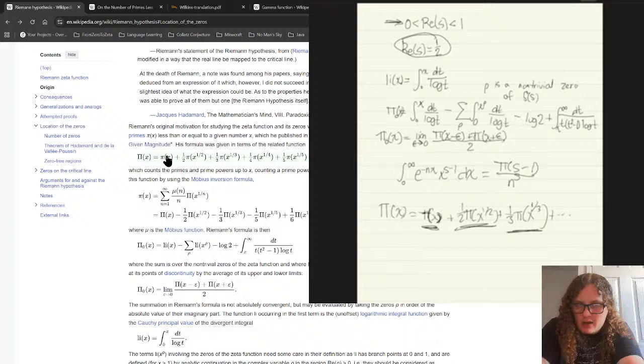Because we're counting the number of primes below x. Or I guess it can be a positive real number too. But like if we plug in i to this thing, how many primes are below i? That doesn't even make sense.